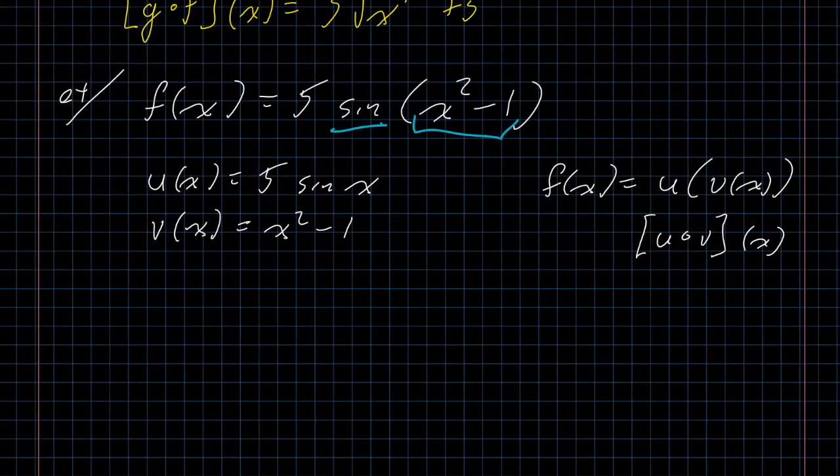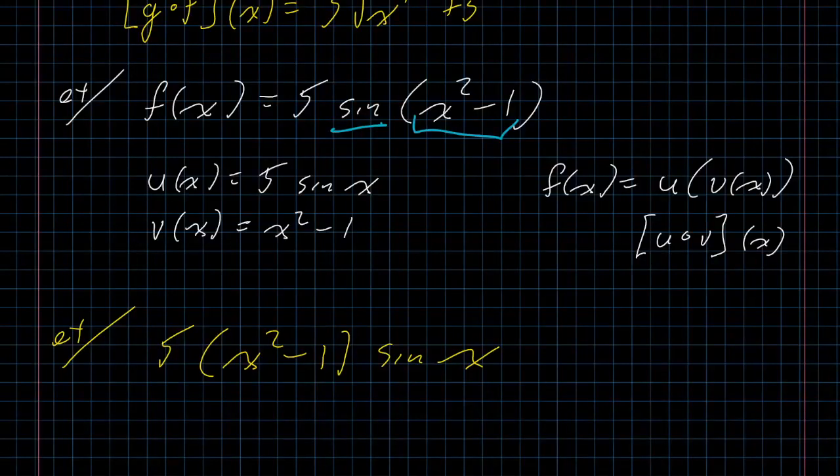If I just rearrange this just a little bit, 5 times x squared minus 1 times sine of x, now x squared minus 1 is something separate from sine of x. And in this case, I have u times v of x instead.